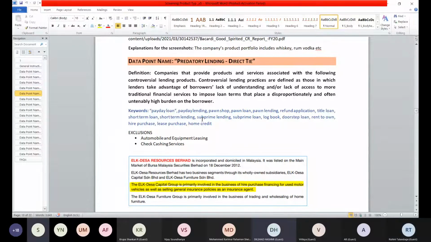No, ma'am. Hire purchase is nothing but an agreement where you hire that good and then you pay the agreed amount by installments. You are not paying the whole amount at a time. You will be paying it on an installment basis.